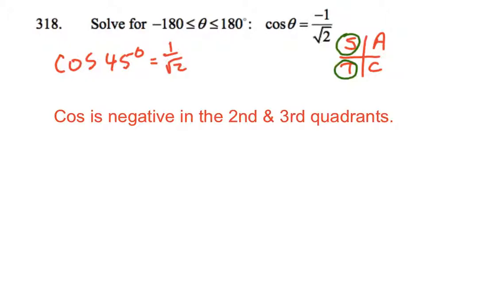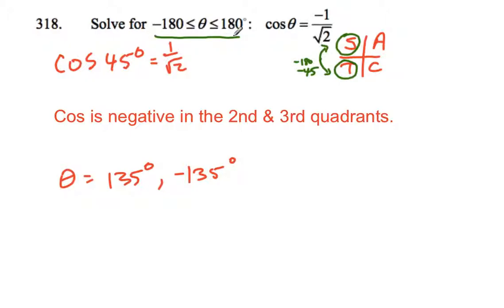So cos is negative in the second and third. 135 for that one, and minus 135. So it's kind of like we'd have to do 180 minus 45 for the 135, but it's almost like minus 180 plus your 45 for that minus 135. A bit trickier because we've got a bit of a different range of theta values there.